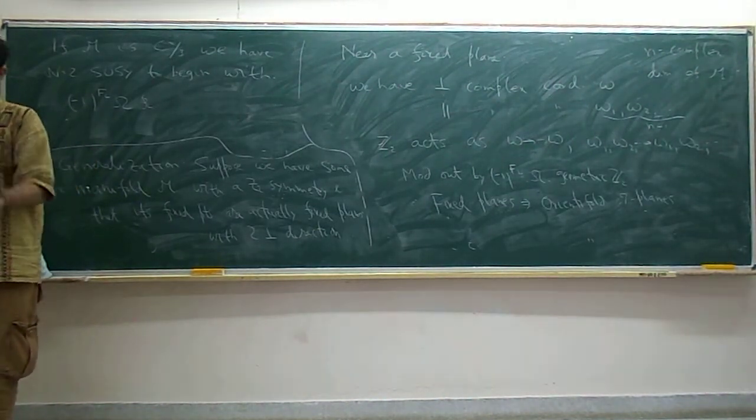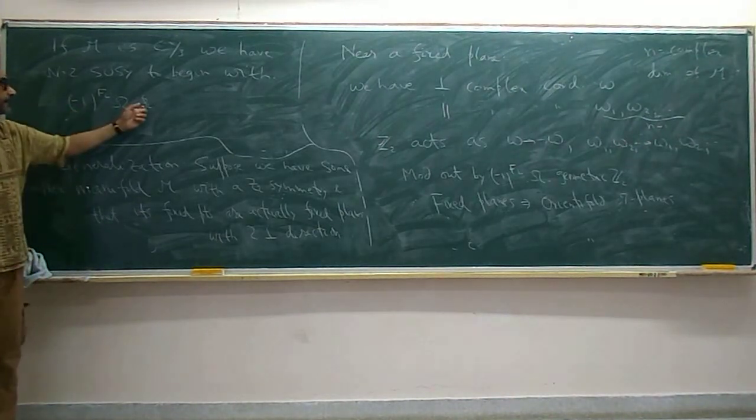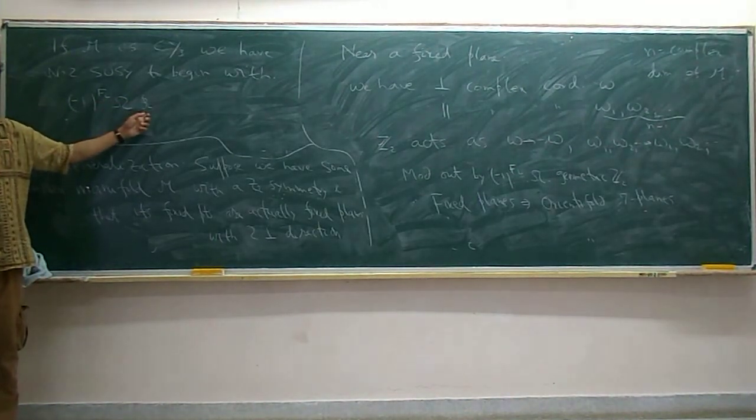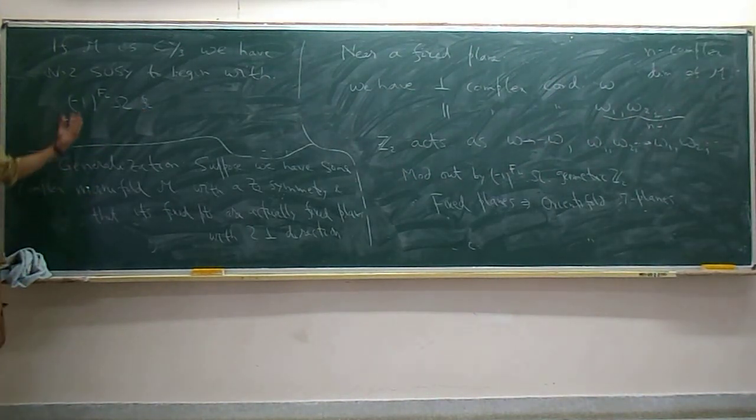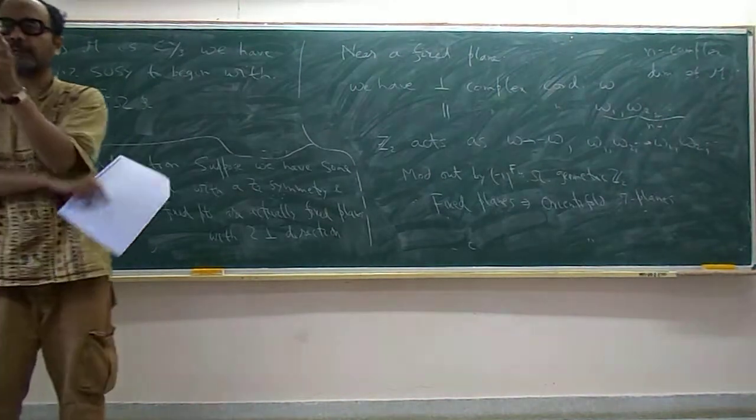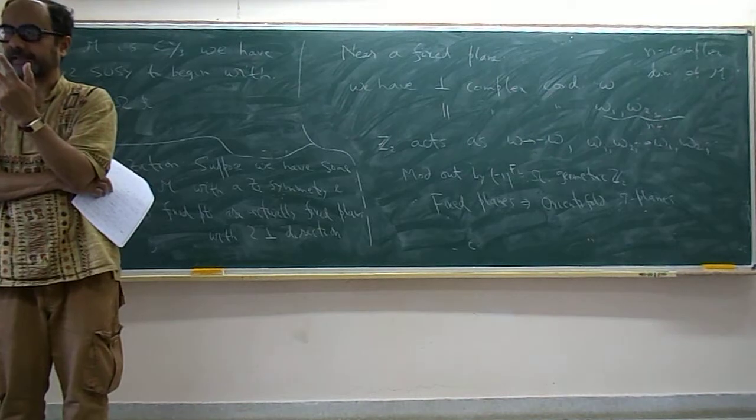And on top of that, it picks up some signs of some of the components in general. For example, minus 1 to the F L while acting on the right-handed sector will give an extra sign. So you have two supersymmetries which are exchanged, and some of the components may pick up some signs, but it's clear that one linear combination will remain unchanged.